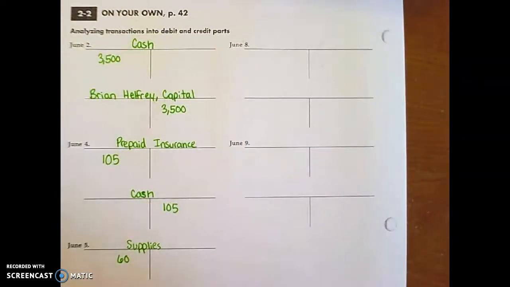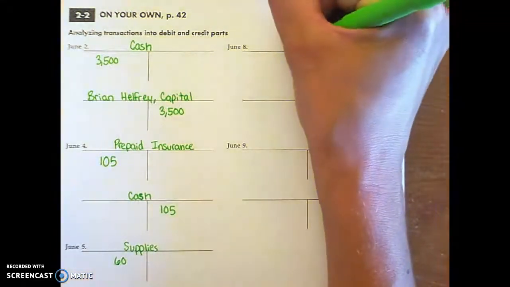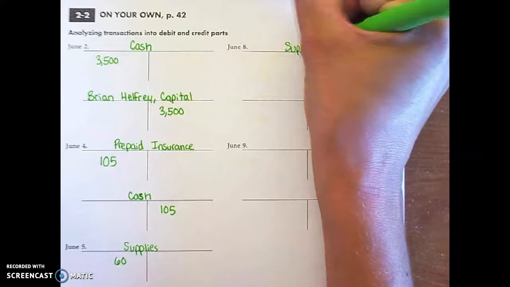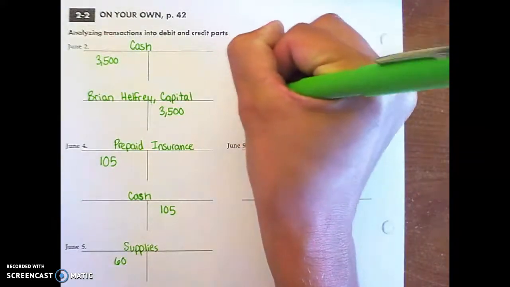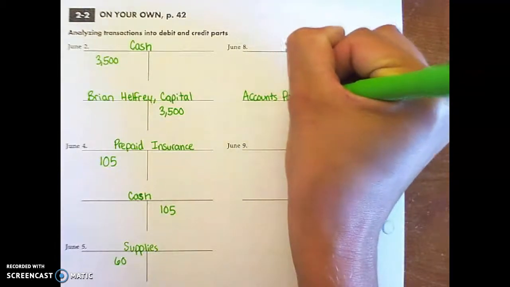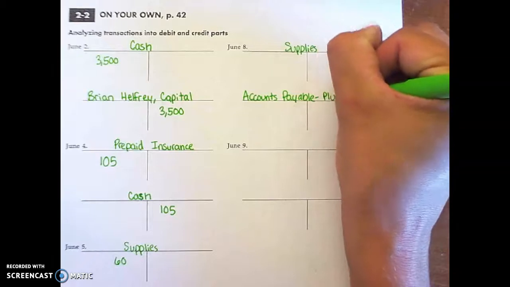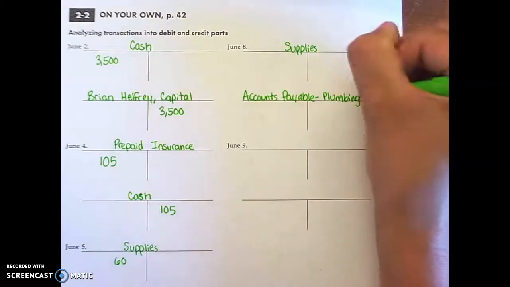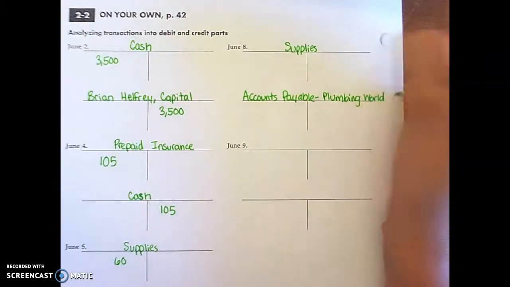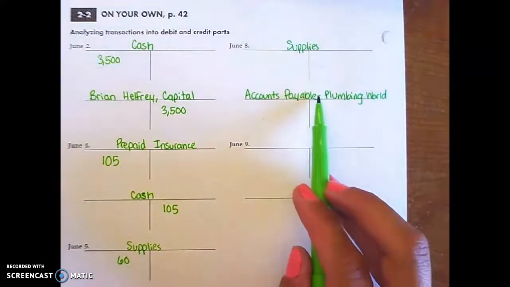Two more. On June 8th, we bought supplies on account from Plumbing World for $800. So our two accounts for this would be supplies and accounts payable, dash Plumbing World. Notice here capital has a comma, accounts payable and accounts receivable will have a dash.